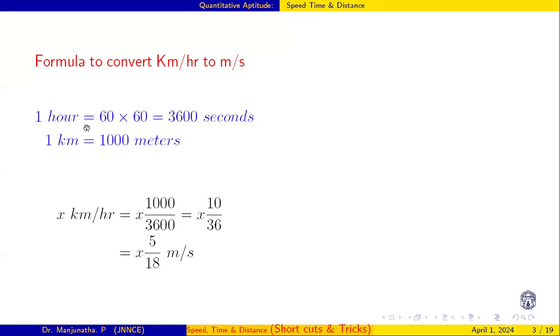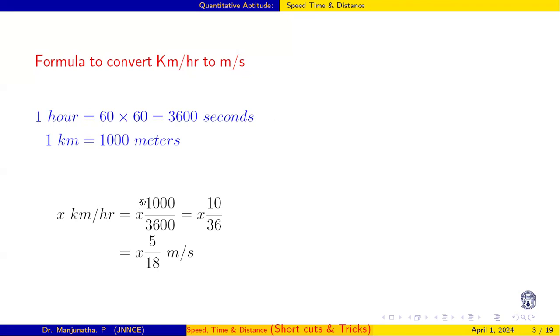We know the relation: 1 hour is equal to 60 into 60, that is 3600 seconds, and 1 kilometer is equal to 1000 meters. Say we have a speed x in terms of kilometer per hour.